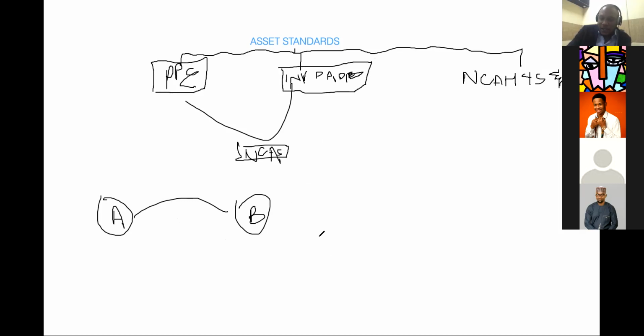Now, if an entity has decided, even though just that decision is not enough, but if an entity has decided and meets what we will call the disposal criteria, to sell these non-current assets, however, by the current year end, they have not yet sold that asset, but there is a plan. Of course, one of the main criteria will be that there is a plan that that asset will be sold before the next year end.